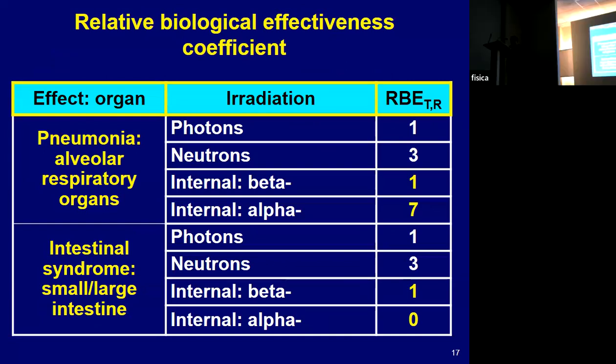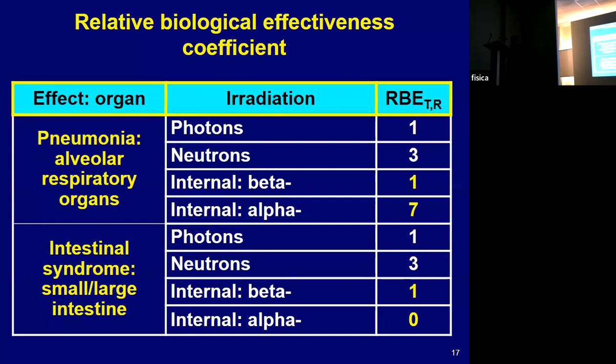The slide shows, as an example, the recommended values of RBE for the development of severe deterministic effects during external photon and neutron irradiation and internal irradiation of the alveolar section of the respiratory organs of a standard person. This is the area of the respiratory organs where gas exchange occurs between blood and inhaled air. The consequence of such exposure at high doses is the development of radiation pneumonia.